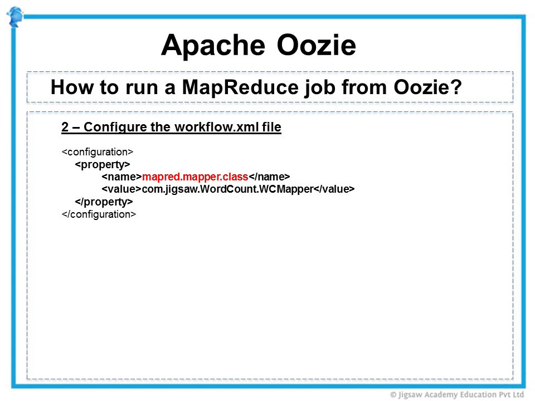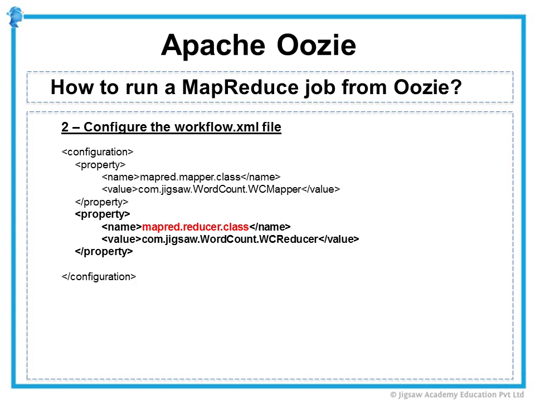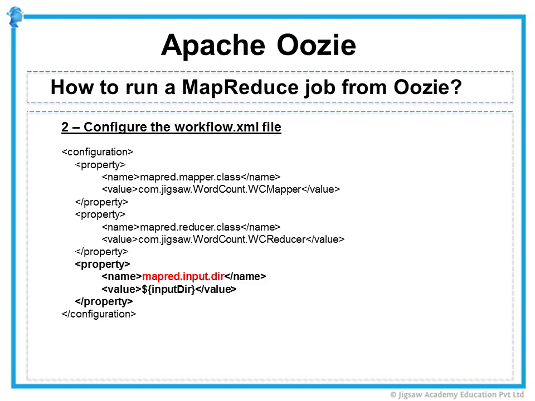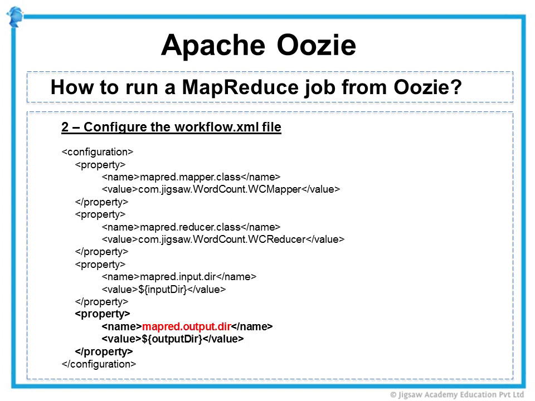We'll also provide the reducer class using this property, and then the path of the input directory on HDFS where the input for the MapReduce job resides, and then the path where the job needs to store the output. Note that the input and output paths are actually specified as variables in the job.properties file.